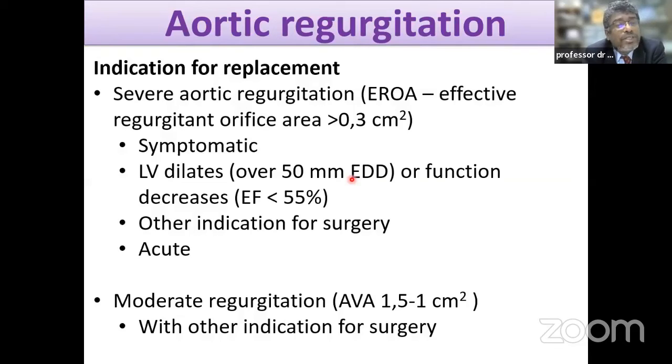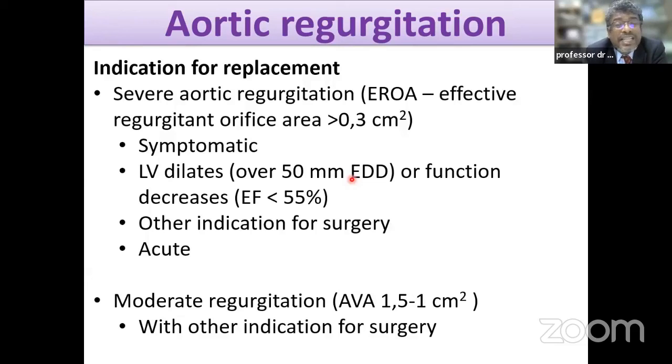And we replace the aortic valve if there is severe aortic regurgitation and the patient is symptomatic, and the patient has LV dilatation with end-diastolic diameter more than 50 millimeters, or ejection fraction gradually decreasing to less than 55%. And if there is another indication for surgery, such as the need for coronary artery bypass surgery together with aortic regurgitation, then we usually do coronary artery bypass graft as well as aortic valve replacement.